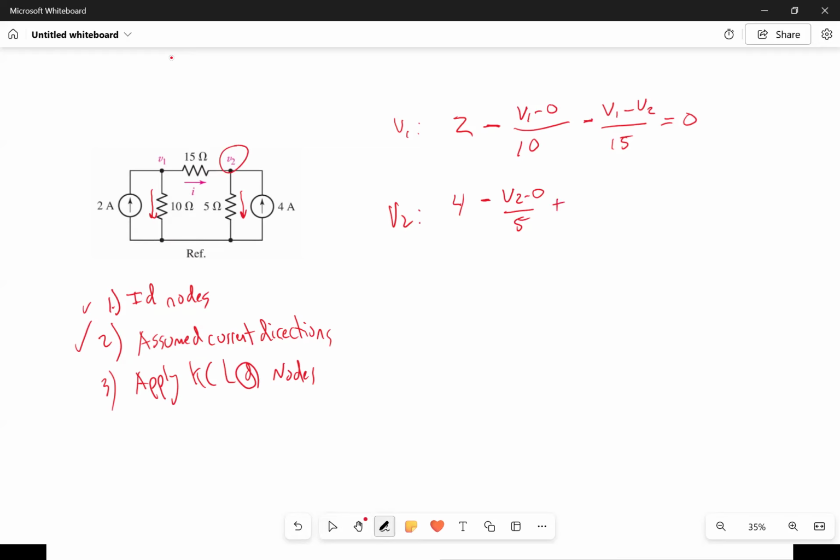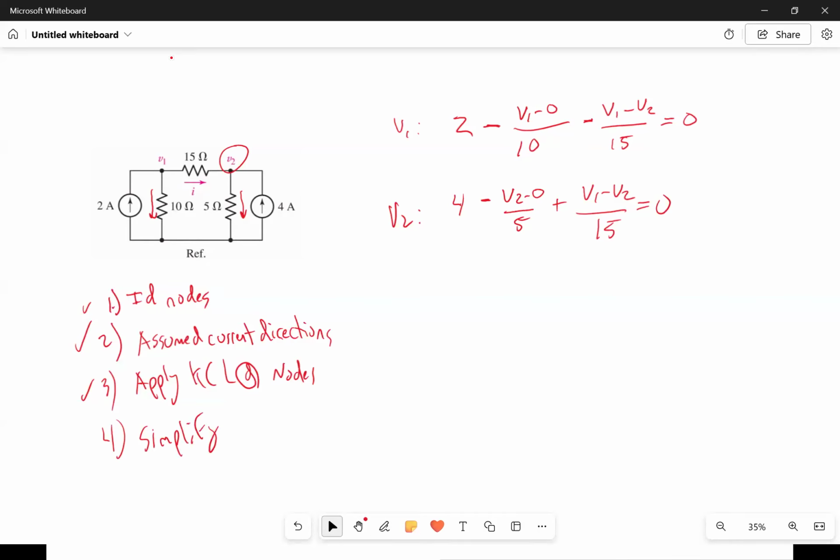It's in, so that becomes a plus (V1 minus V2) over 15. If you use this approach, you don't have to worry about swapping V2 and V1 directions, which is probably what you were taught before. You just write the currents the way they are, put the plus or minus sign out front, and everything shakes loose from there. Check. Step 4, simplify.